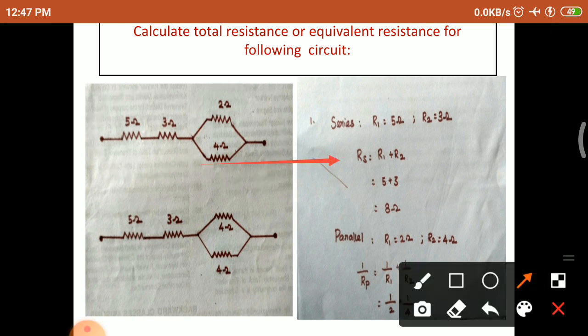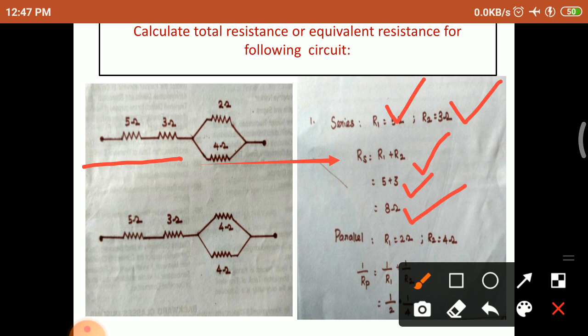See here, the 5 ohm and 3 ohm are in series. So I took R1 equal to 5 ohm, R2 equal to 3 ohm. They are connected in series, so I used the series connection formula Rs equal to R1 plus R2. 5 plus 3, the total is 8 ohm.